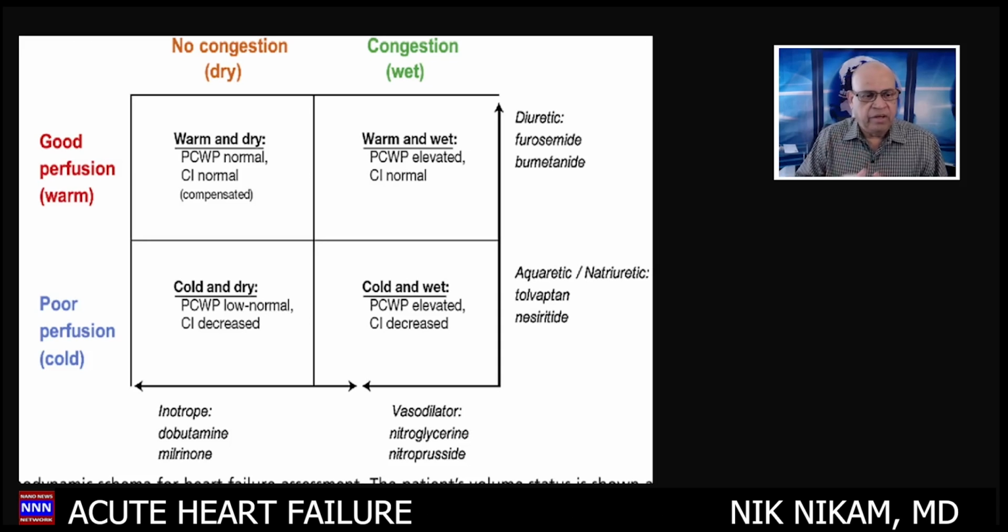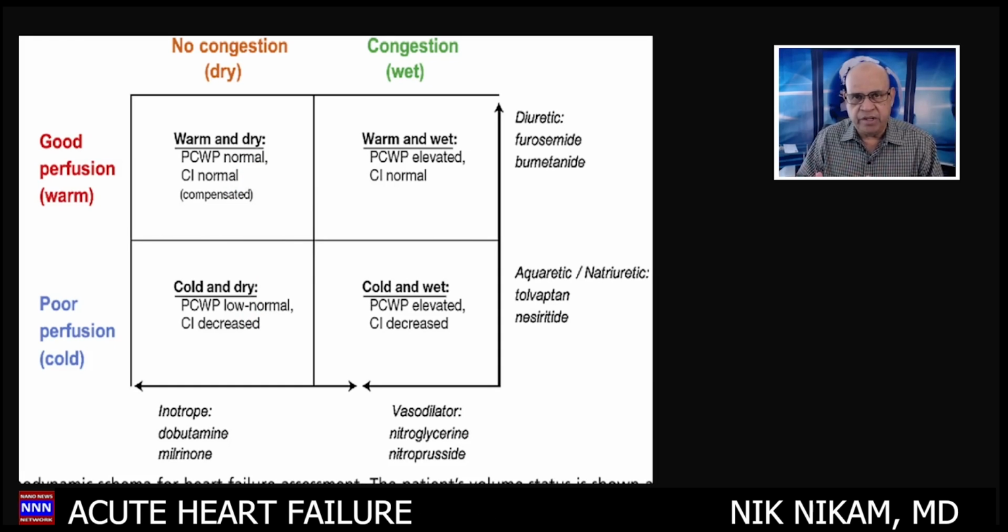For example, if they are warm, their capillary pressure and cardiac index are normal, maybe minimal decompensation because of slight volume overload, they can be treated with diuretics and followed up in the clinic. And if they are cold, they are in a more serious situation, so they need to be admitted to the ICU.